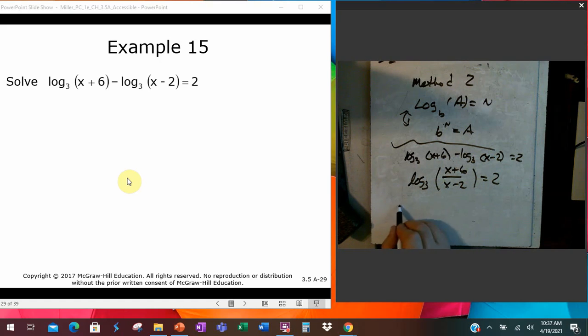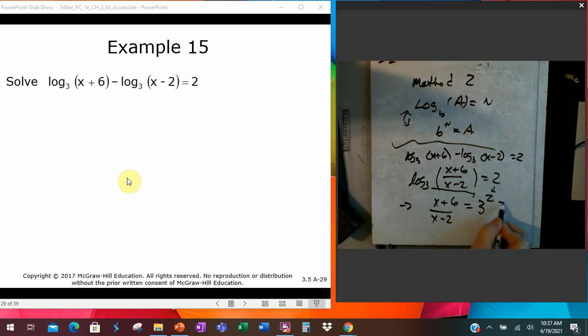Now, what's the equivalent? This says that x plus 6 over x minus 2, I want to represent this as a power of 3. What's the power? That's the 2. Here's the base. Okay? So that's just equal to my 9.